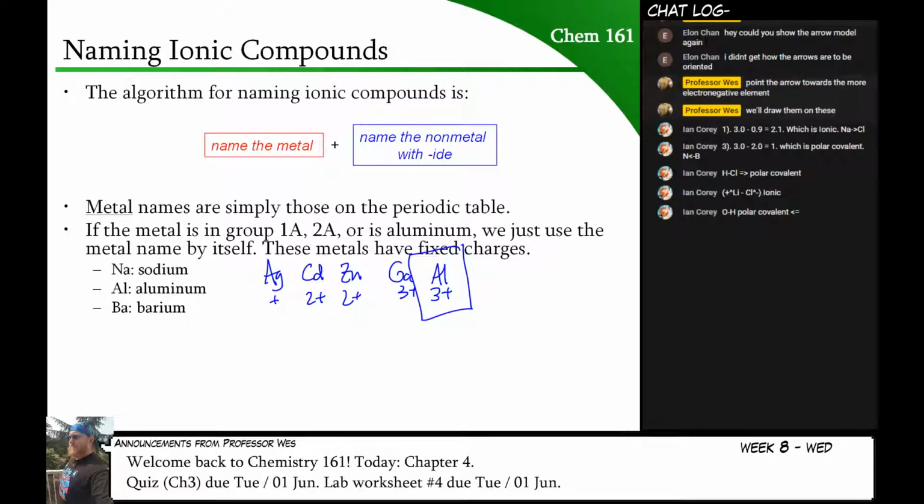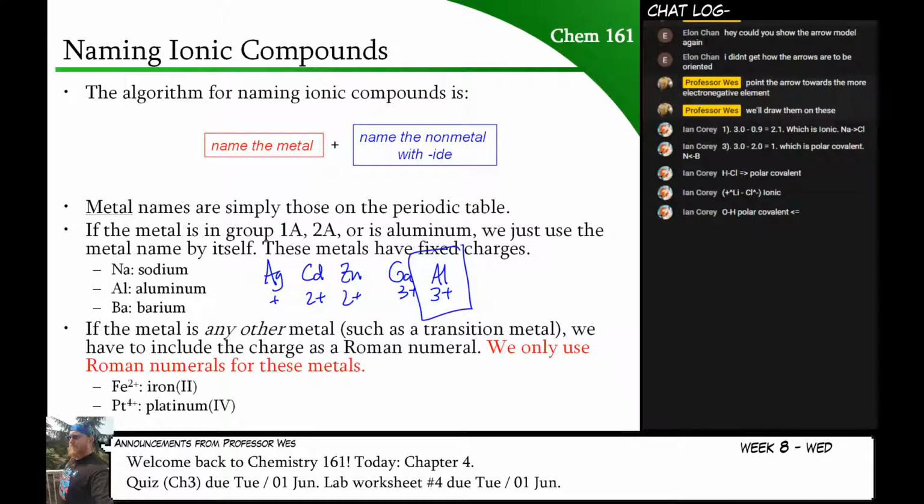So I'm going to treat aluminum as a fixed charge, and I'm going to treat the rest of them as either fixed or variable, up to however you want to do it. The quiz should be programmed so that it will accept either answer for silver, cadmium, zinc, or gallium.